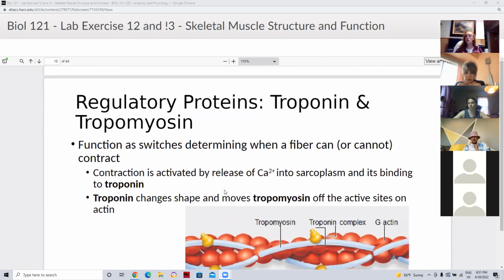So our regulatory proteins here that are actually going to regulate whether or not myosin can ever bind to actin are troponin and tropomyosin, that function as switches determining whether a muscle fiber can or cannot contract, based on whether or not they are willing to expose the active site that myosin uses to bind to the actin.